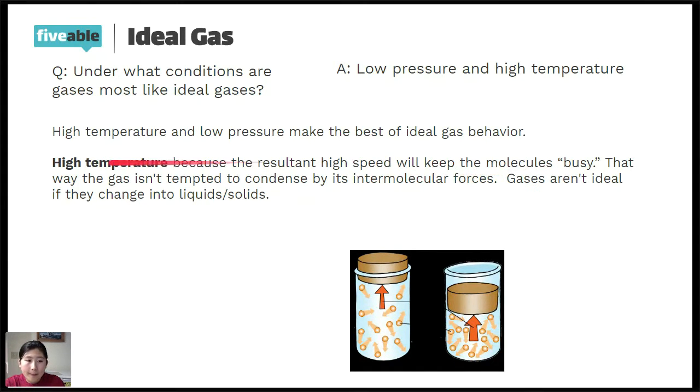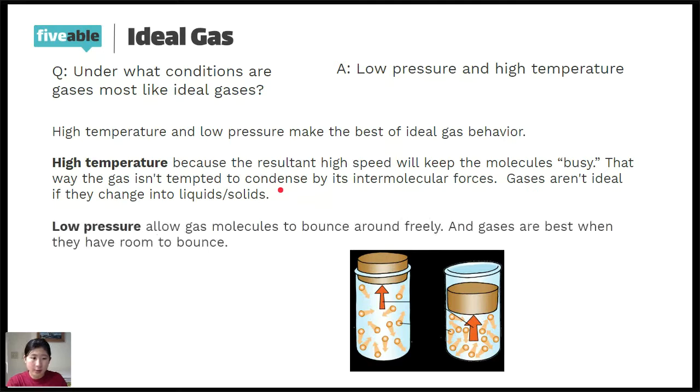So when we want to keep a gas at its most ideal state, we do not want it to become a liquid or a solid. We want to keep it the most like a gas. So we do not want to tempt it to condense into liquids or solids.